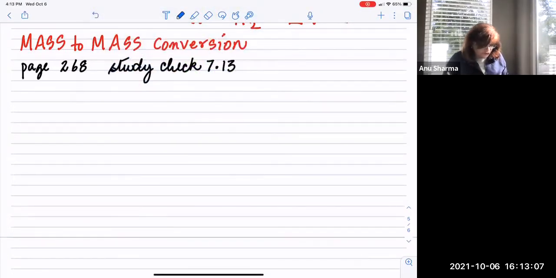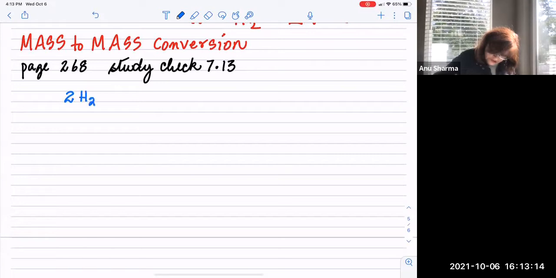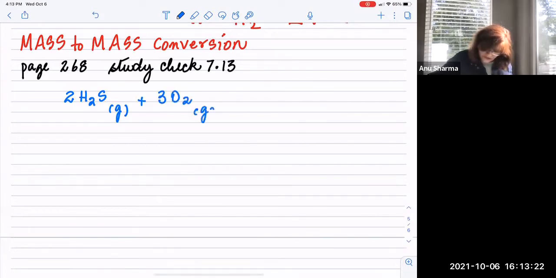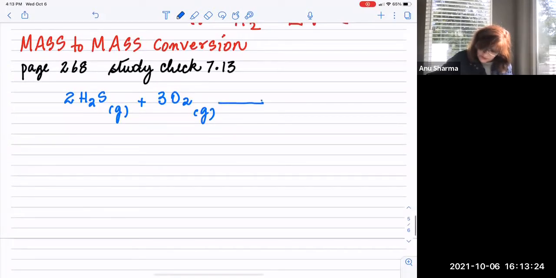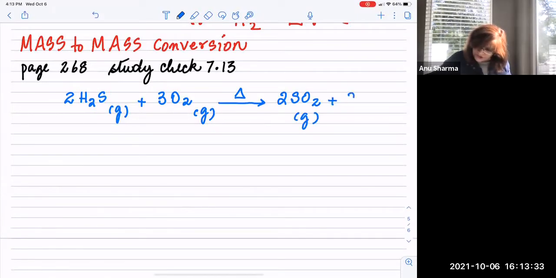Okay, hydrogen sulfide burns with oxygen to give sulfur dioxide. So here's the equation: 2 moles of H2S as a gas are reacting with 3 moles of oxygen as a gas, and that gives you, on heating, 2 moles of sulfur dioxide as a gas and 2 moles of H2O as a gas.